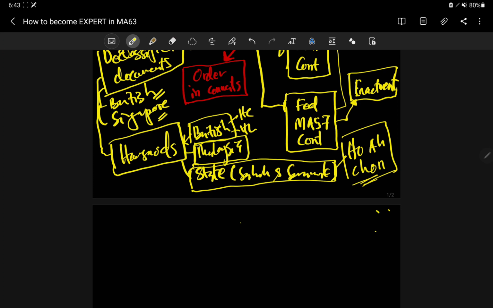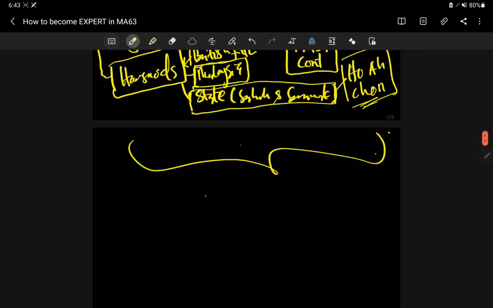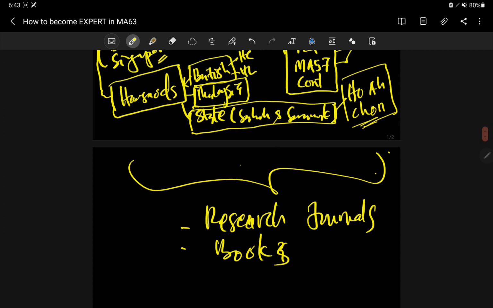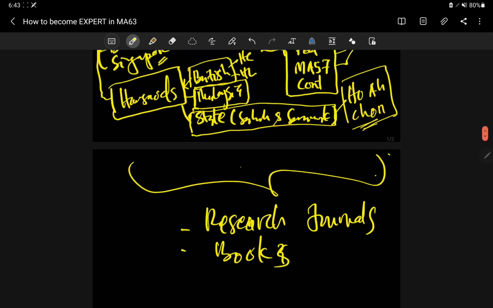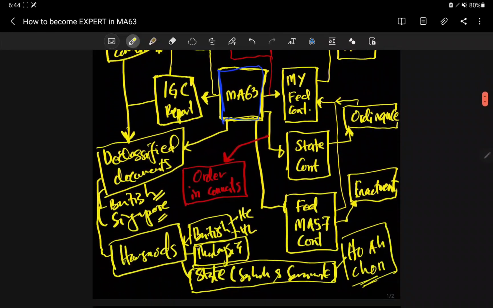Something like this. For the whole picture of it, you can look at the research journals and books. Any historical books or constitutional books and constitutional research journals, they will talk about a lot of these specific issues and make a discussion.